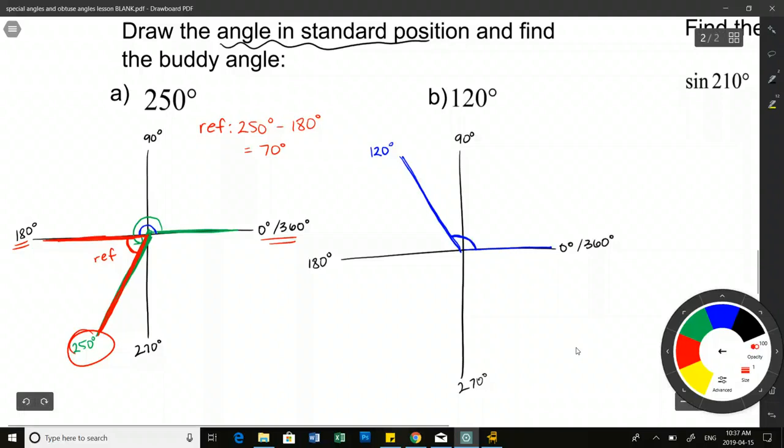But my reference angle needs to be between the terminal arm and either 180 or 360. So is this closer to 180 or is it closer to 360? 180. So my reference angle is going to be the angle from here to here. So how do I calculate this little slice in here, this reference angle slice? Yeah, very good. 180 minus 120. And that should give us a reference angle of 60.